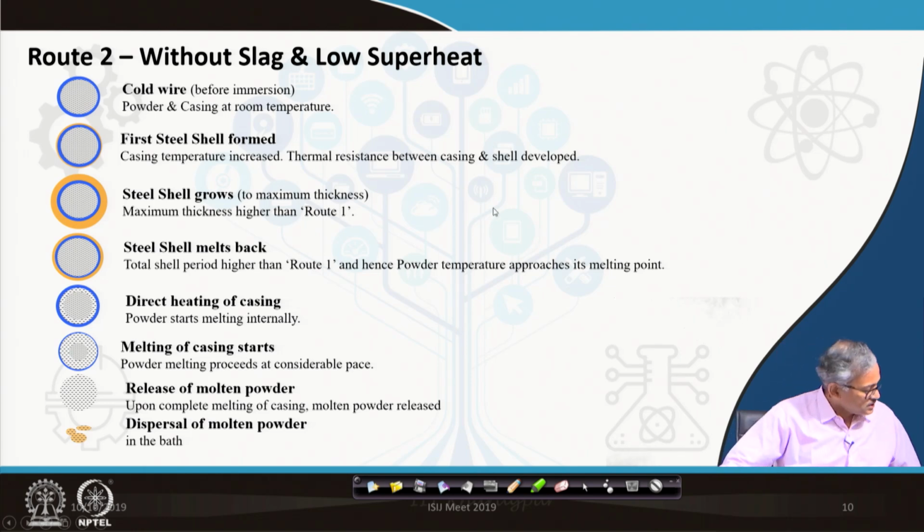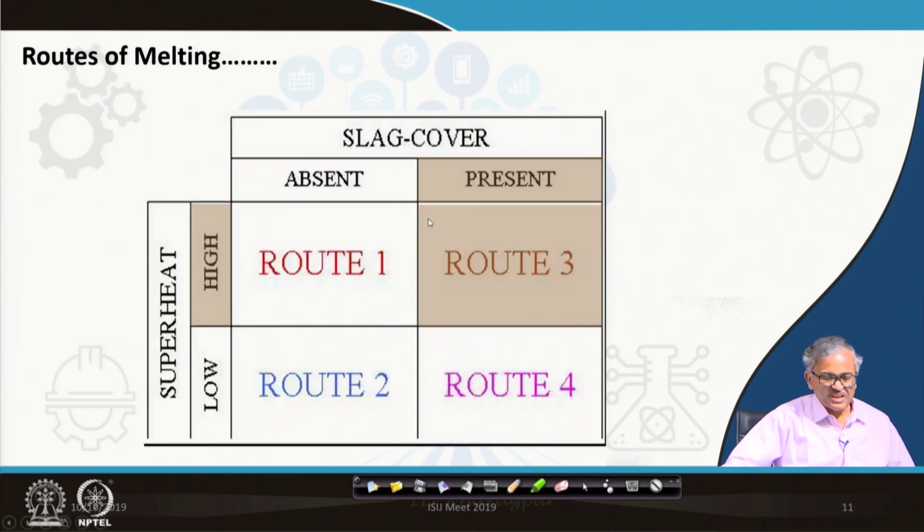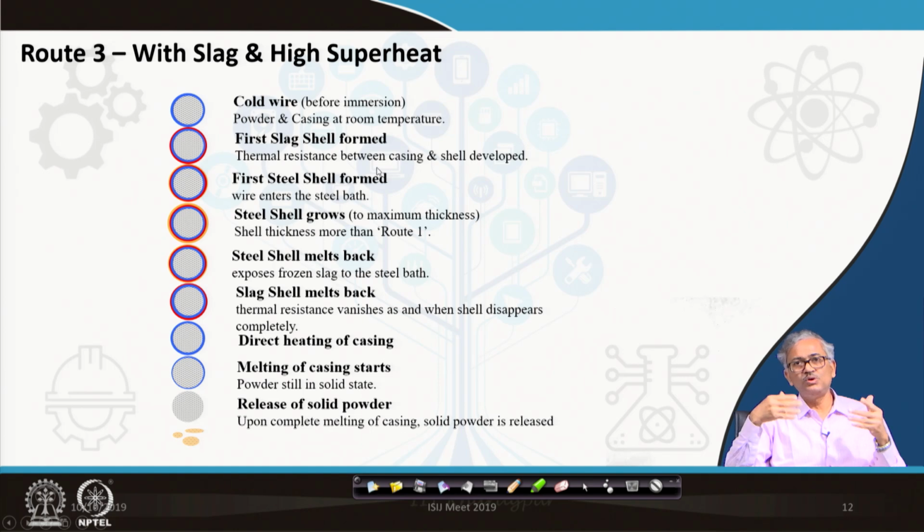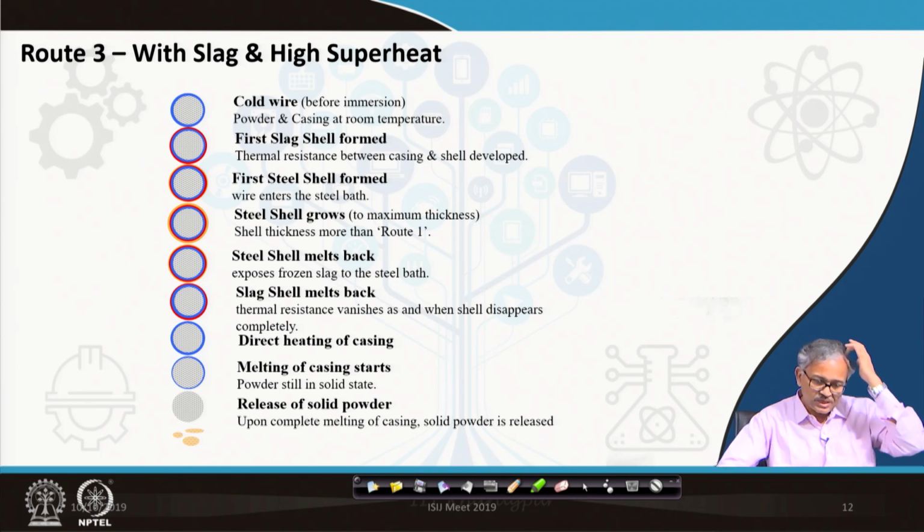So next we see the third case, that is the presence of a slag cover. Suppose a slag cover is there, and you have a high superheat, then what is the condition? A similar sequence occurs. Now since the slag is present, two layers will form. You will have a slag layer first, followed by a metal layer, that is the steel layer, okay.